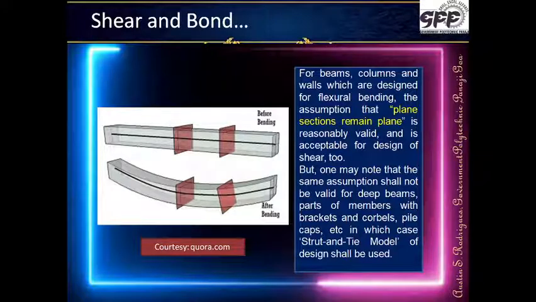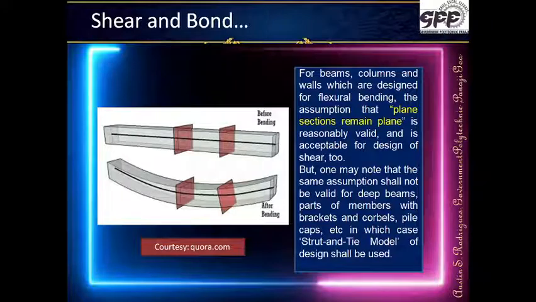At the same time, if the loads are very heavy, the loads are very sudden, such as in members like brackets or corbels, haunches which are supporting the gantry girders, the pile caps, these may not follow the same assumption, that is plane section before bending remains plane after bending also. Over there we are going to use a strut and tie model of analyzing shear.